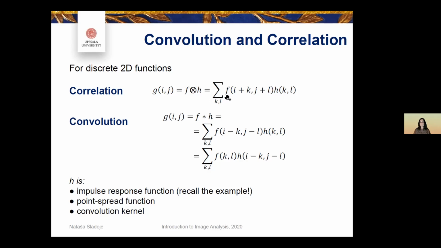And this summation is defined over the coordinates or the positions that are defined by the kernel. So essentially, the summation goes over the neighborhood that we are observing.